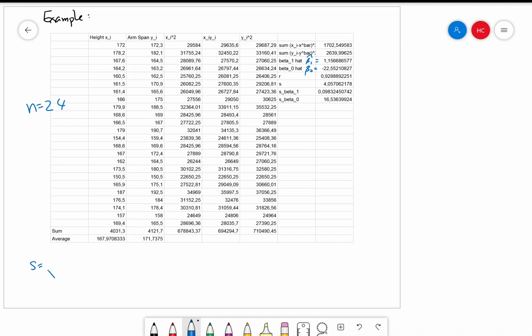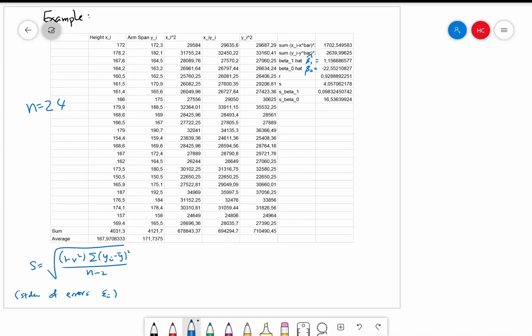S is equal to the square root of 1 minus r squared times the sum of yi minus y bar, whole thing squared, over n minus 2. So S is the standard deviation of the errors, epsilon i.